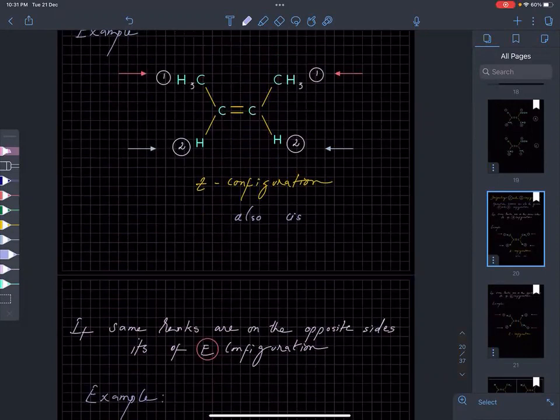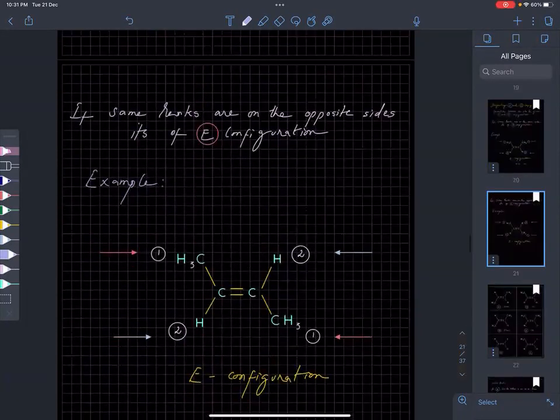See, Z and E is present always. Whenever you have geometrical isomerism, you will definitely have Z and E. But you may have cis and trans or may not have cis and trans. Got it?